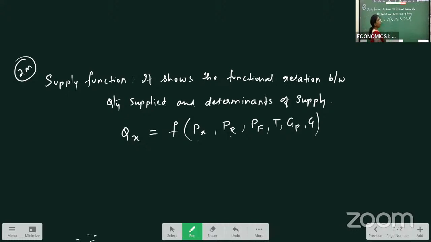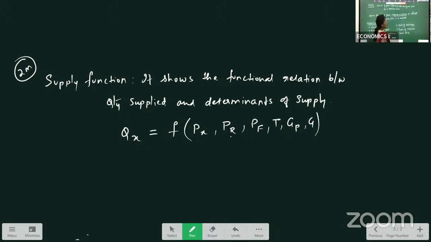And if government policies are changing, our supply is also changing. So these are the factors which are affecting the supply of the commodity. That's why we say the supply function shows the functional relation between quantity supplied and determinants of supply. So this will be your 2 marks question. Right? Hope you understood this one.